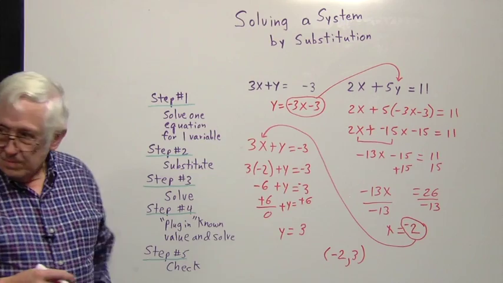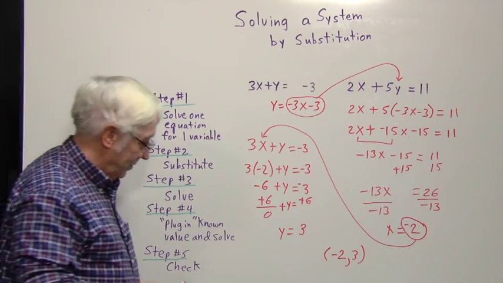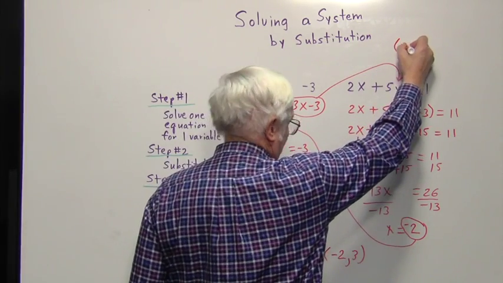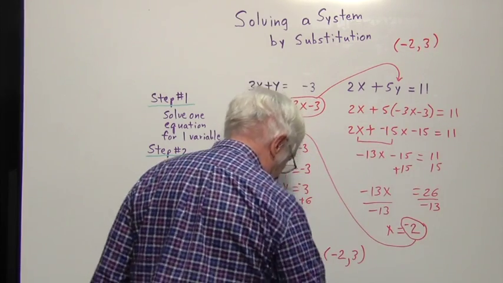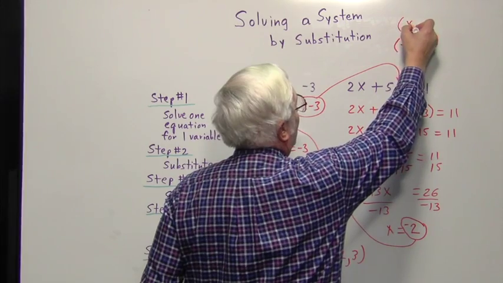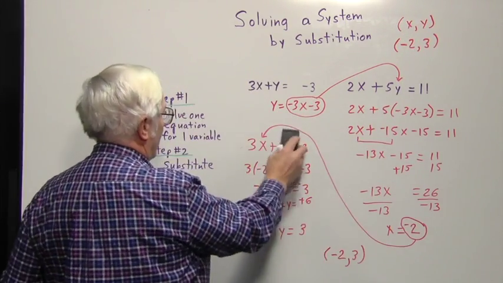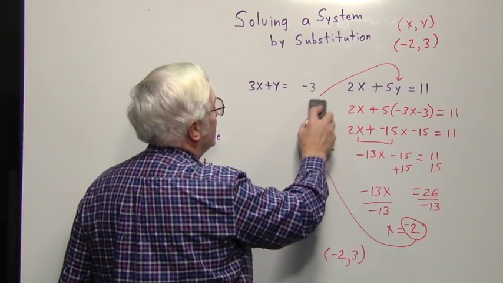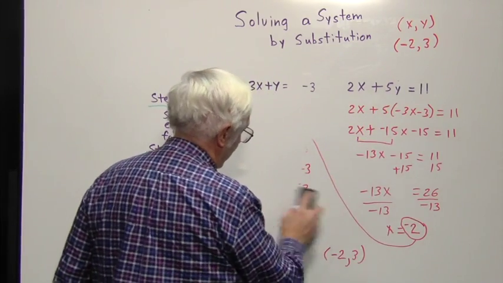Well, we need to check. So let's put our potential solution, which we're fairly confident of. This is the ordered pair x, y. We think that the solution for the two equations is x is -2 and y is +3.